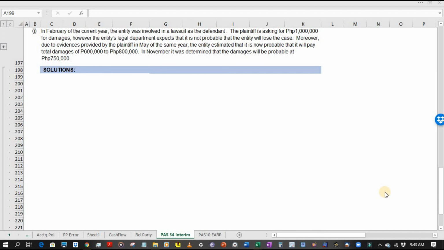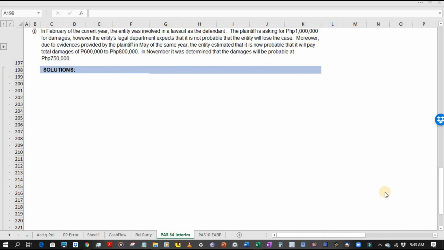And the midpoint of 600,000 and 800,000 pesos is of course 700,000 pesos, which is computed as the average of 600 and 800, or 600,000 plus 800,000 divided by 2. So the midpoint is 700,000 pesos.